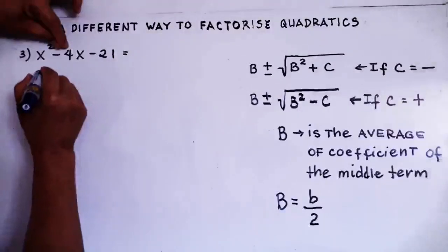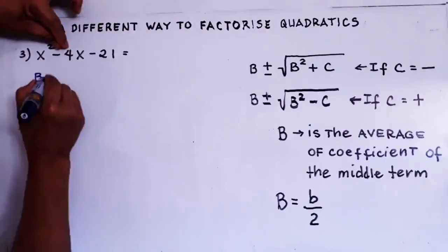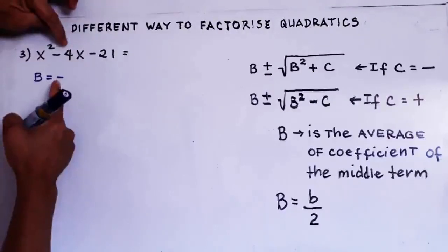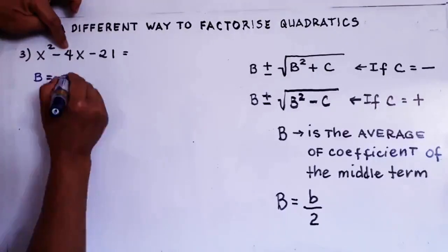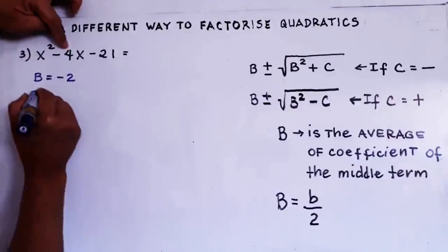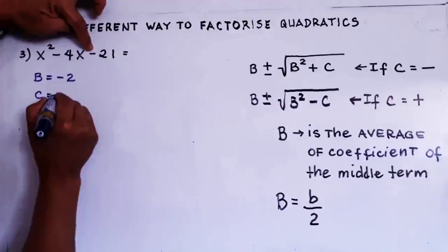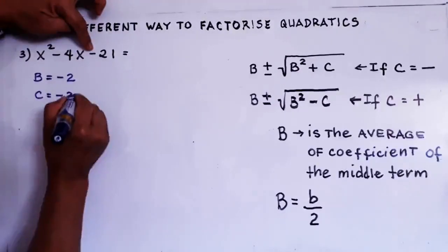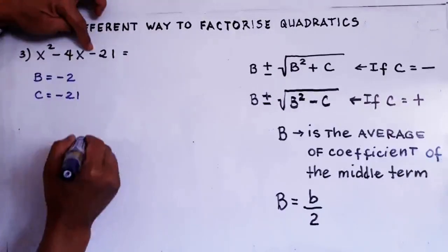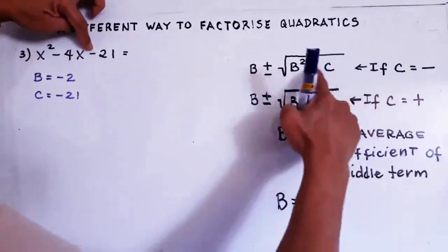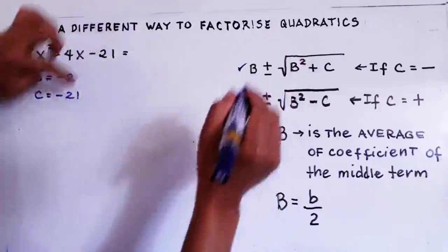Okay, take this one, b is equal to, include the sign negative here, class, and divide now. The 4 divided by 2 is 2 here. You put the c here, and it's negative 21 here. So if c is negative 21, we use this one here.